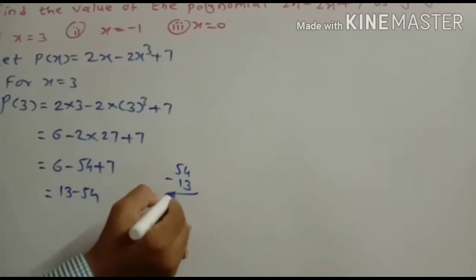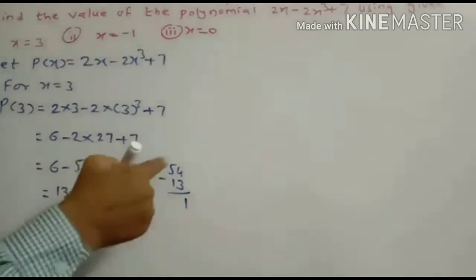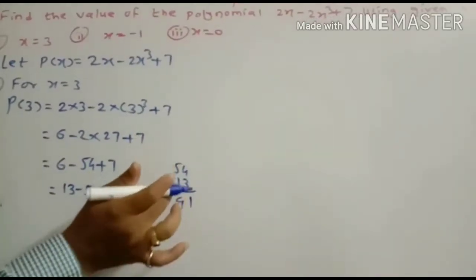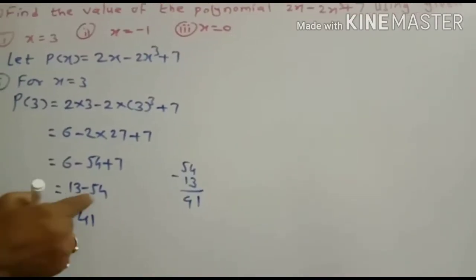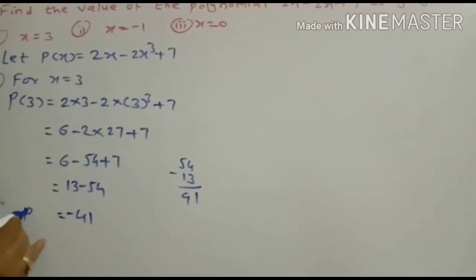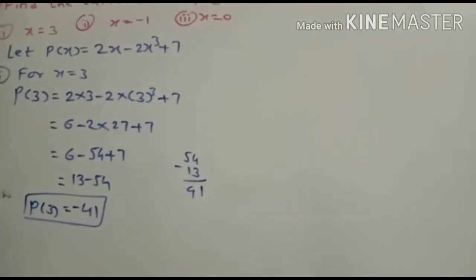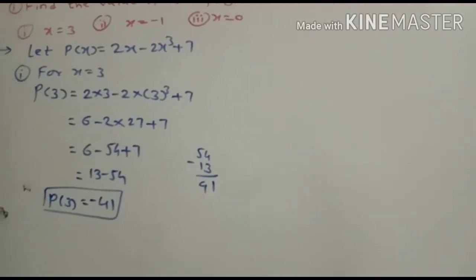Now 54 minus 13: 4 minus 3 is 1 and 5 minus 1 is 4, and the sign of the bigger number is minus, that is minus 41, and that is the value of the given polynomial for x is equal to 3.